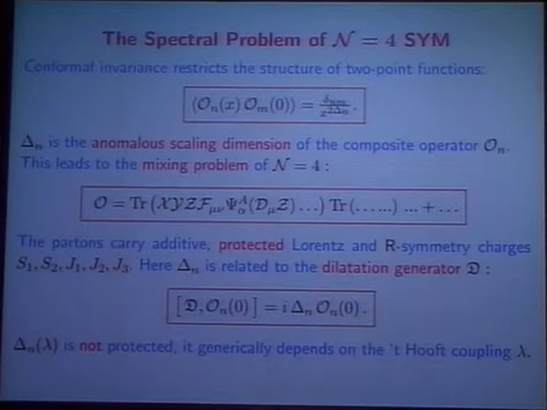Anyway, on the gauge theory side, the analog of the spectrum are the so-called dilatation or scaling weights, so they can be seen in the fall-off of the 2-point functions, and basically, you look at local composite operators, where now we come to these patterns I showed in the beginning.